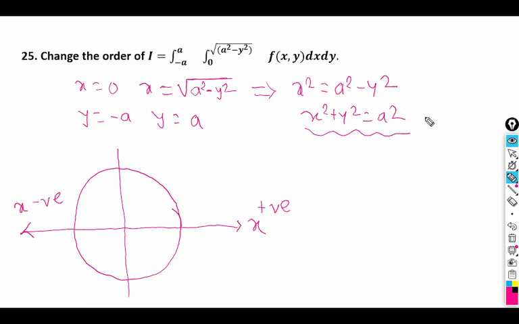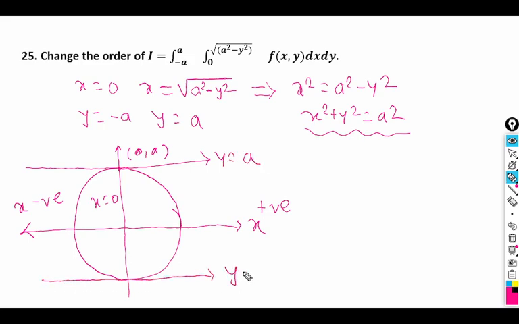Then x equal to 0. X equal to 0 is the y axis. This one, y equal to a. This point is 0 comma a. So this is y equal to a. Here we have y equal to minus a. Why y equal to minus a? Because this coordinate is 0 comma minus a.